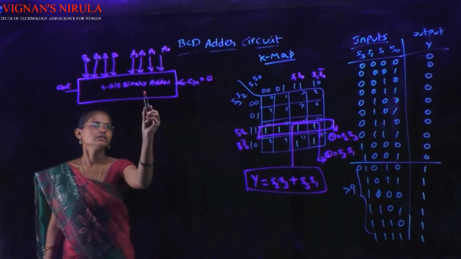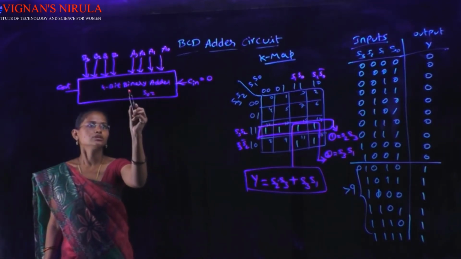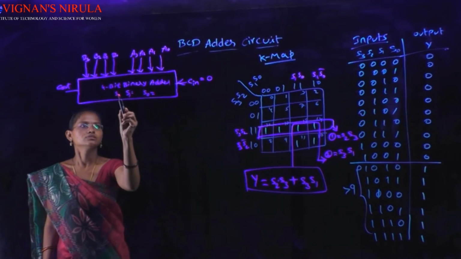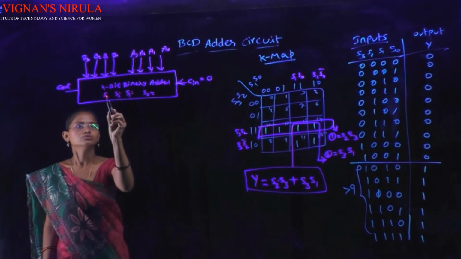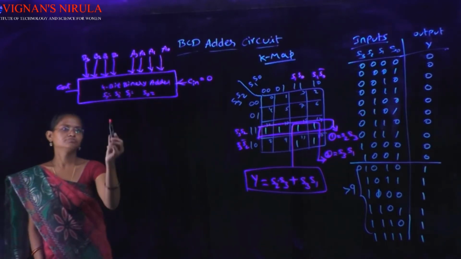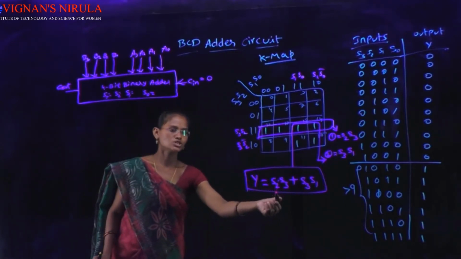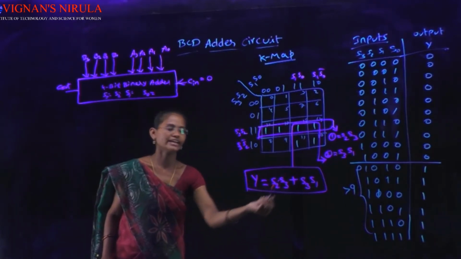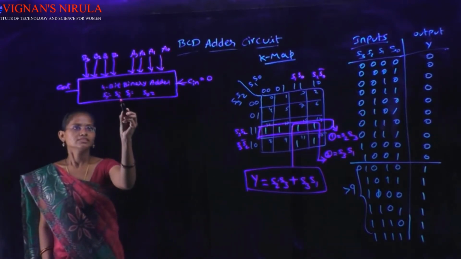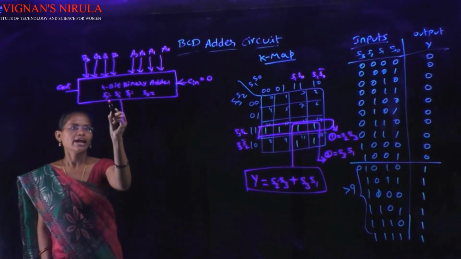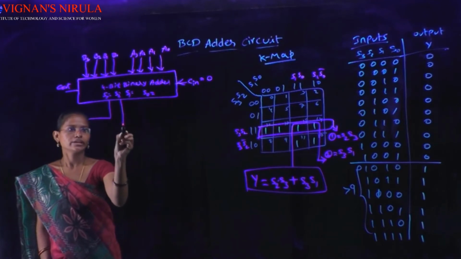Here we are taking the sums S0, S1, S2, S3. For the equation Y equals S2 S3, we are taking an AND gate with S2 and S3.